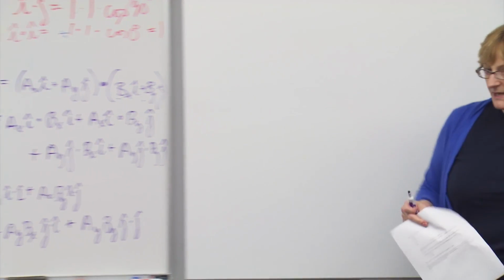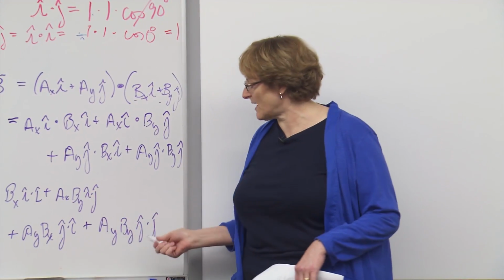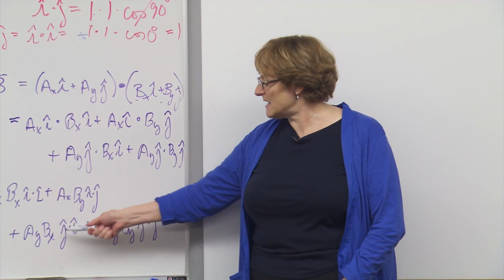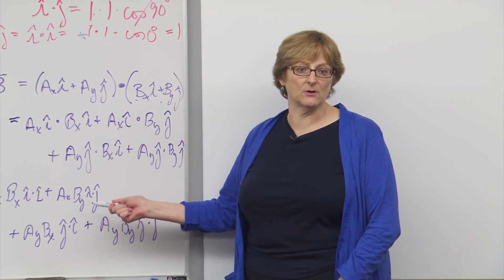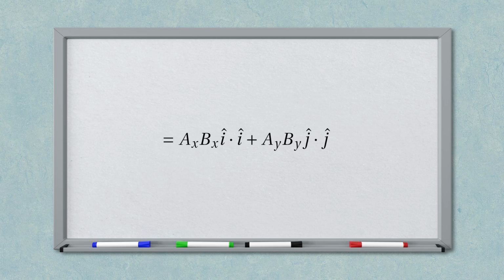Okay, it looks a little complicated, but because we talked about how unit vectors interact, you immediately see 2 of these terms are 0 because J dot I and I dot J are 0. So these 2 terms go away. And you're left with the dot product being 2 terms that are scalars. What is I dot I? It's 1. So AX BX times I dot I is just AX BX.